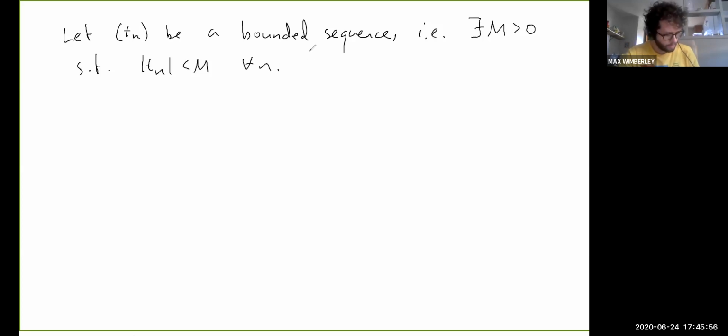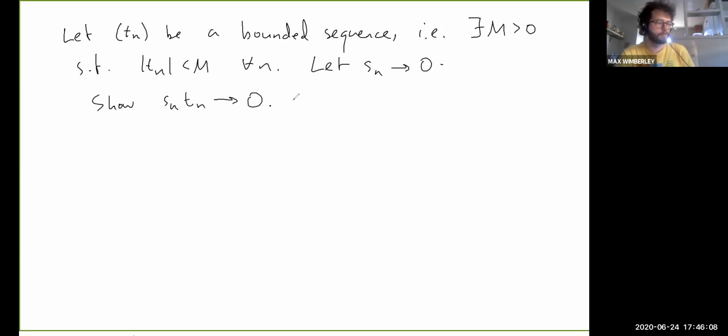And let Sn be a sequence that converges to 0. Show SnTn also converges to 0. Let's try that. So let's put you guys back in the groups.